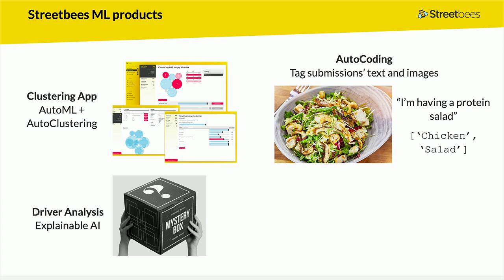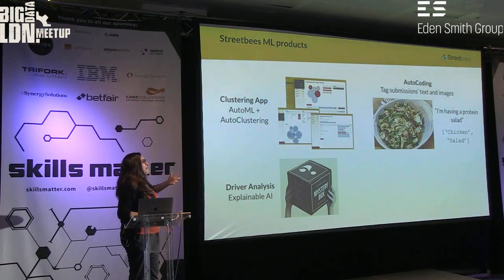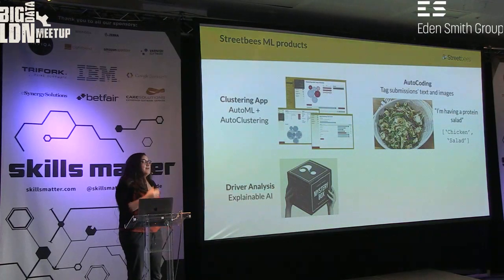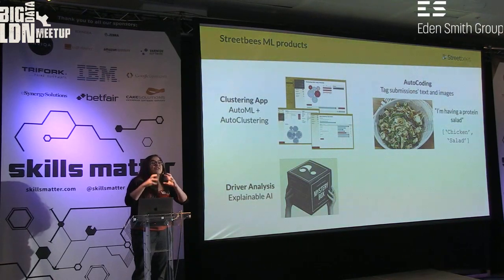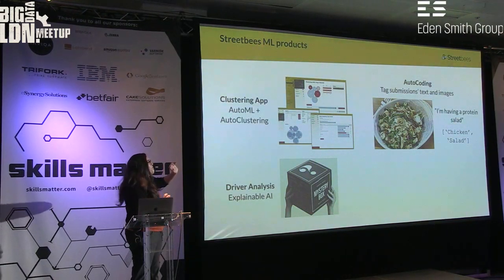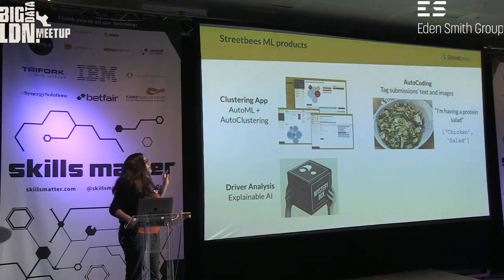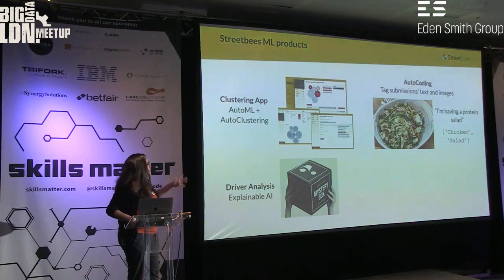We do need to be able to tag submissions with, for example, here's an image of someone's lunch, and it's a chicken salad, and they said, I'm having a protein salad. What our clients want is to be able to label that with chicken and salad. And just that, they want to then look at insights based on what people are having with their salads, for example. So a big part is working on a machine learning process to tag that data.